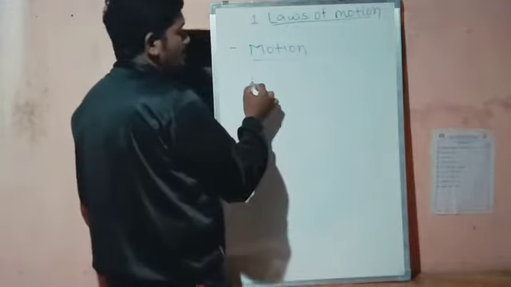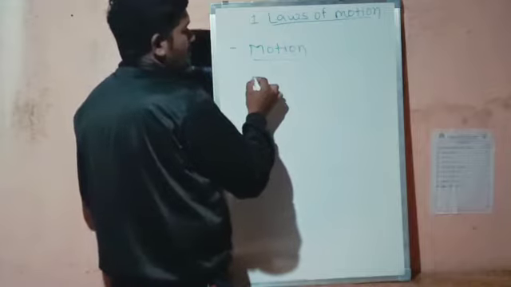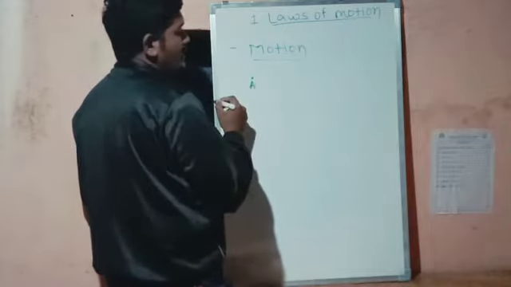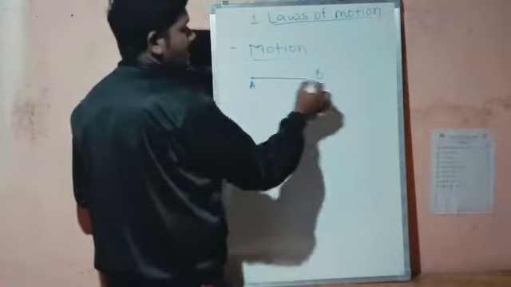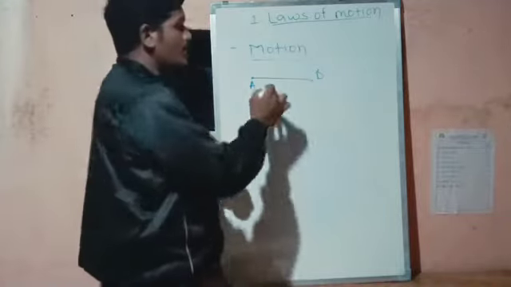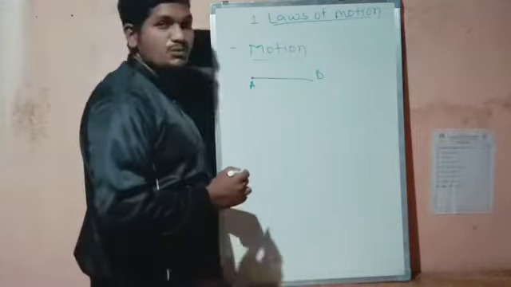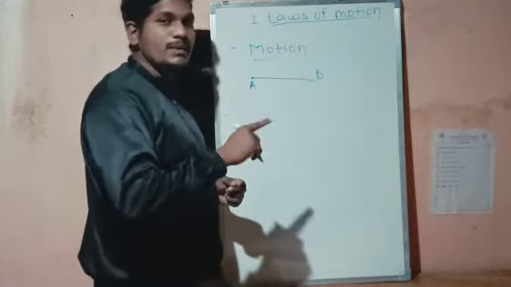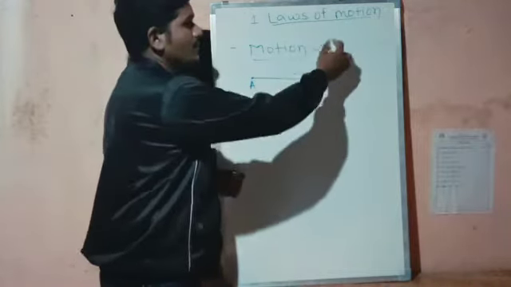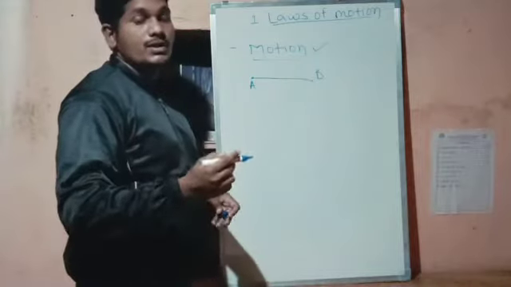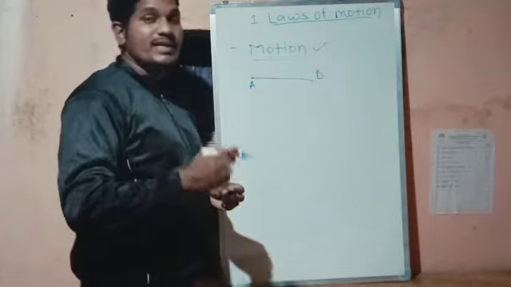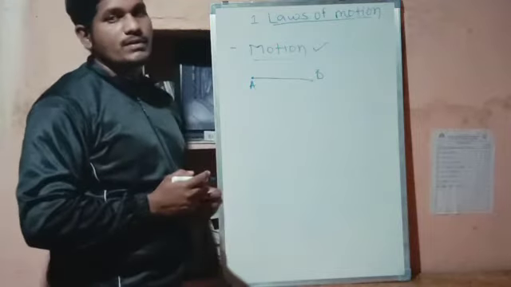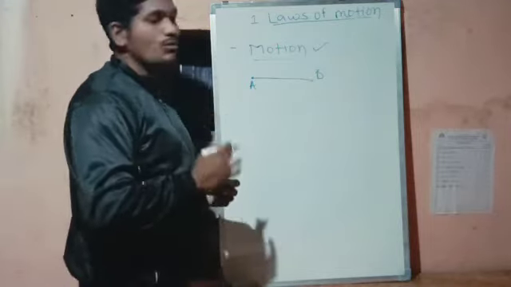Suppose you are here at point A and you move from A to B. This will be your movement, and that movement from one place to another place is nothing but motion. The motion of an object, or of a person, or of anything from one place to another place is called motion.